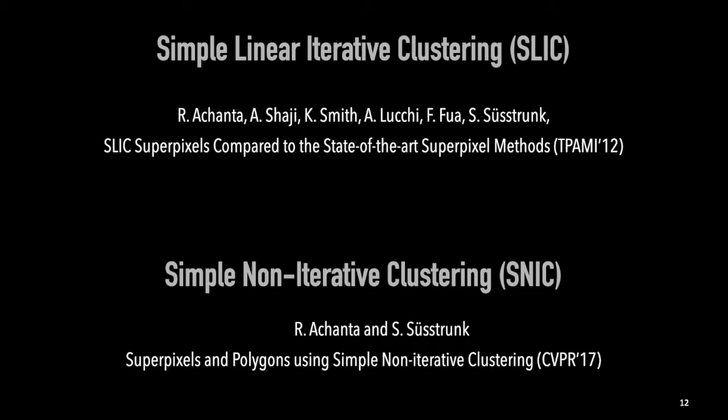So how do we create superpixels? We propose two methods, SLIC, as in simple linear iterative clustering. You just saw a very popular superpixel method, and SNIC, its non-iterative version.